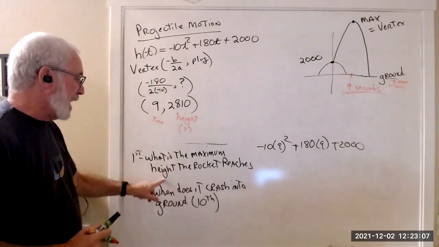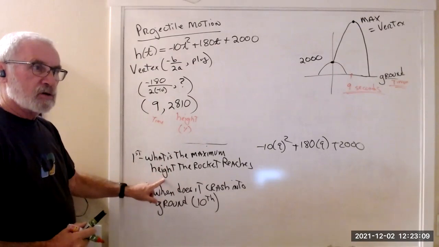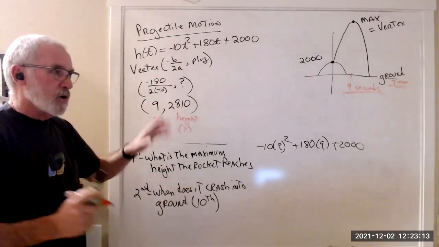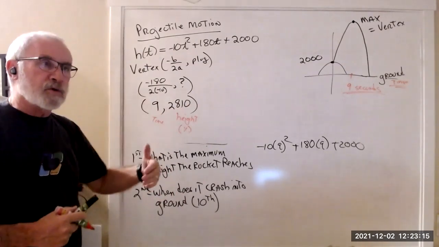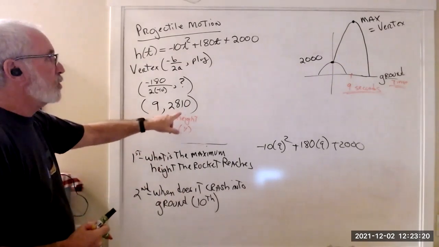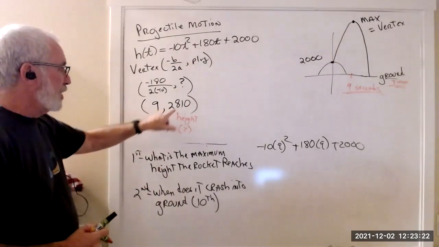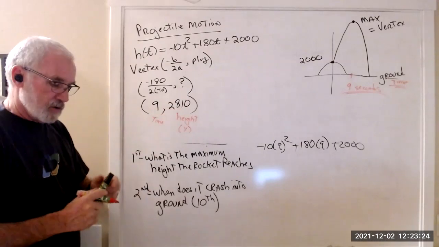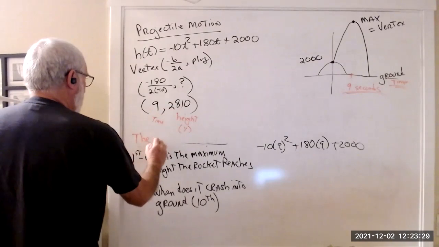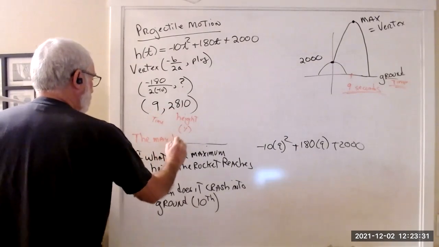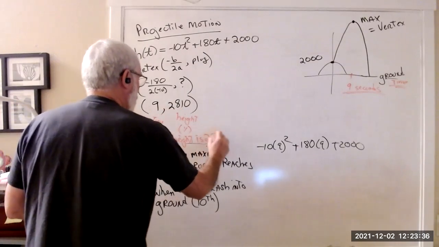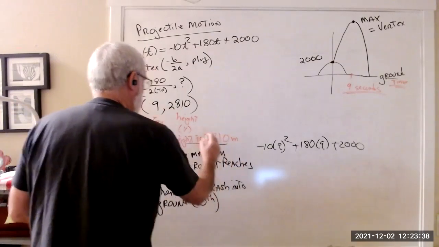What's the height it goes? If you tell me 9 comma 2,810, you're wrong because you're telling me you don't know the difference. That's how I'm interpreting it. But you would say the actual maximum height is 2,810 meters.